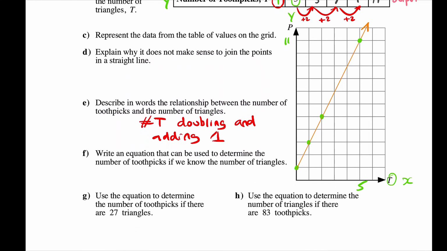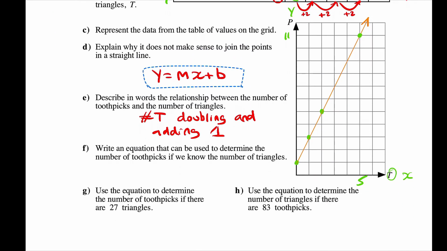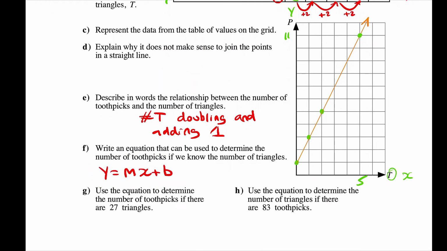Now this is supposed to be right down here. Same thing. And now to form the equation, well, we had it right here: y equals mx plus b. So what I want to do is grab that and fill those in. So y equals m, which is 2x plus 1. That's the equation for this line right here.